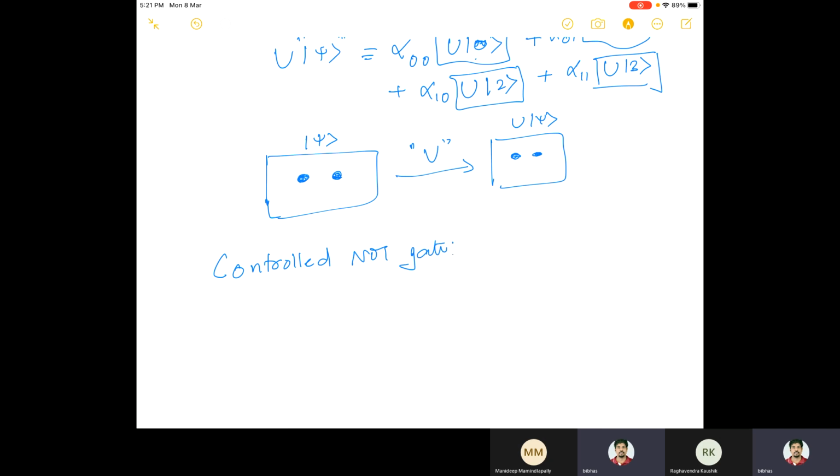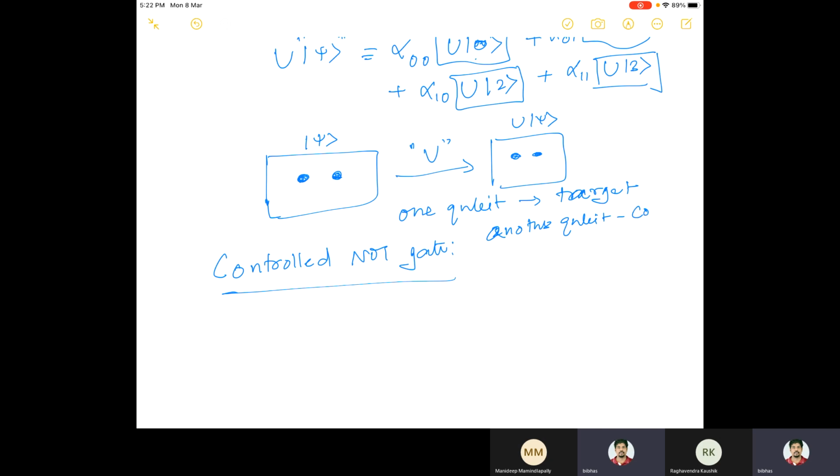Since there are two qubits, I can assume one qubit is the target qubit, where some unitary operation will act, and the other qubit, the second qubit, will act as the control, so that it will control the operation on the other one.